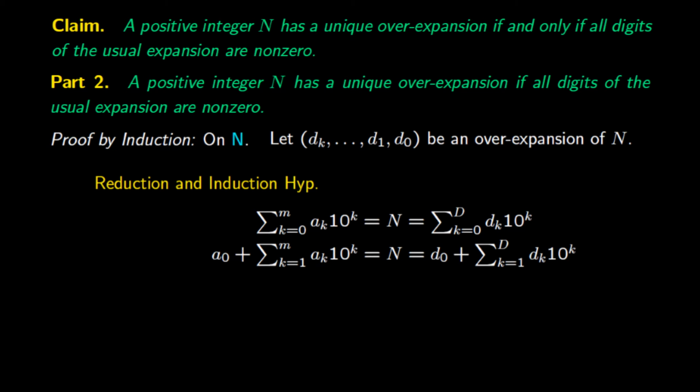We set aside a0 and d0. Since each term in the summations on both sides has a factor of 10, if we consider the congruence relation modulo 10, we have a0 congruent to d0 mod 10.